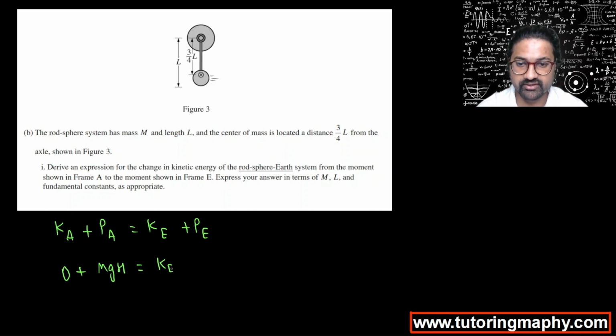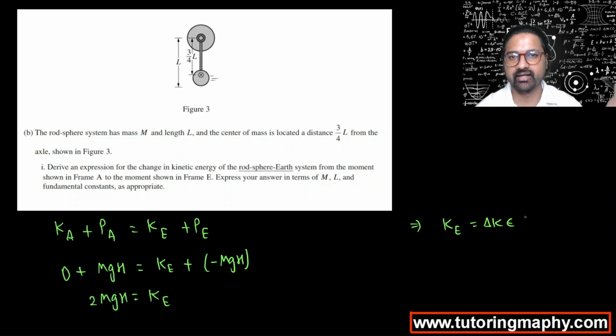Kinetic energy at E is something which we need to find, and the potential energy at E is minus mgh. So adding mgh to both sides, 2mgh is equal to the kinetic energy at E. This means that the kinetic energy at E is as good as the change in kinetic energy, because the change is KE minus KA and KA is 0.